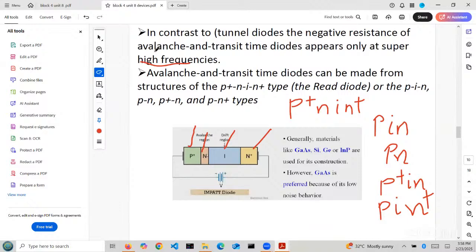Especially, the feature of this one is that it is useful for high frequencies, and it is manufactured from silicon, germanium, or gallium, indium phosphide, gallium arsenide. These are the materials mentioned. After this, we will see the characteristics.